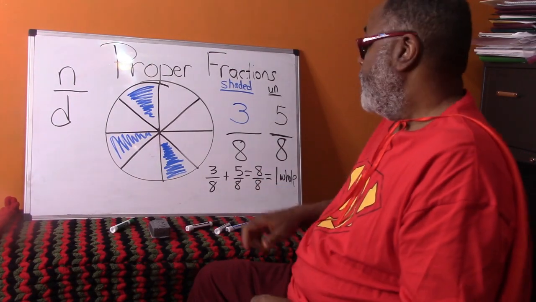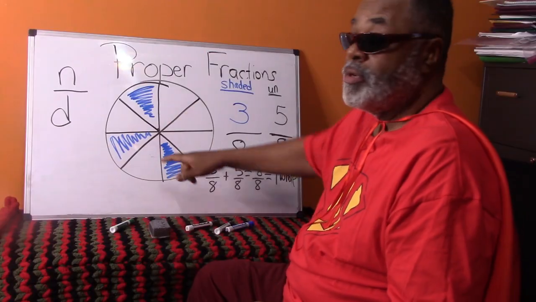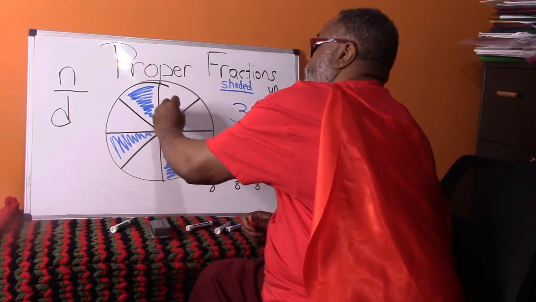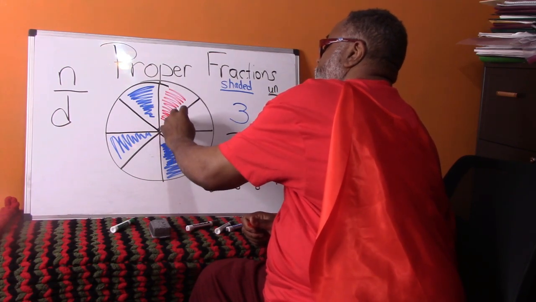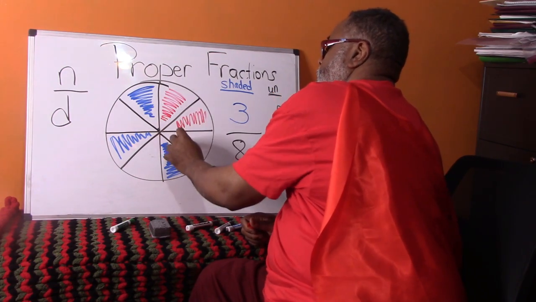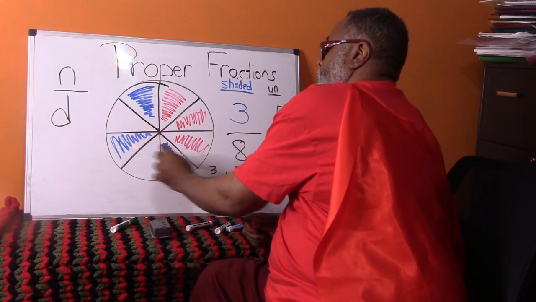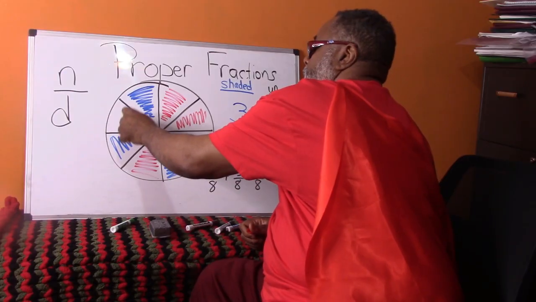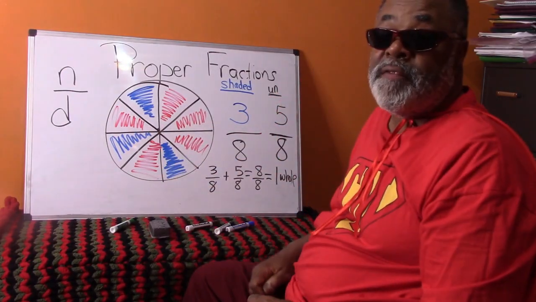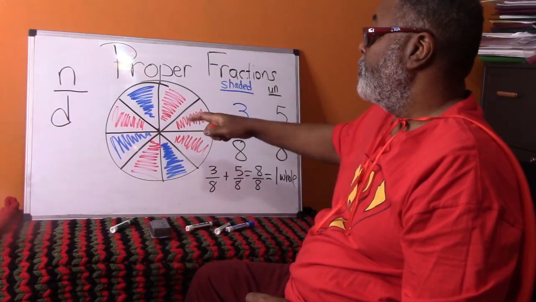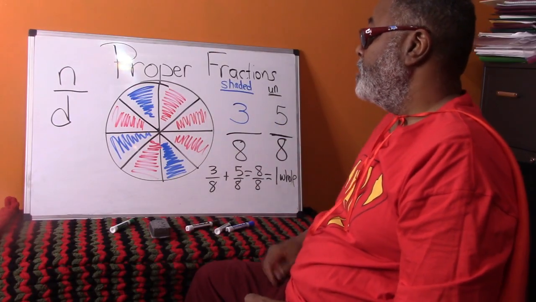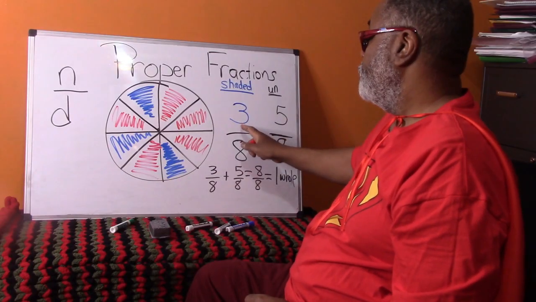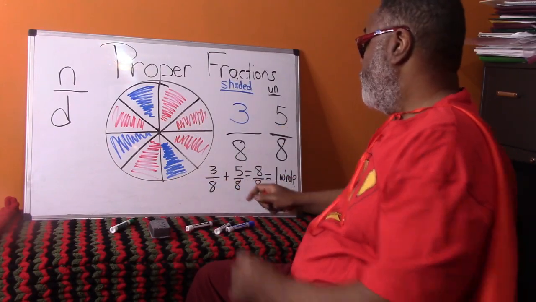Now I'm going to check another color. 3/8 we know is shaded blue, but if I shade the rest of them red, then 3/8 is shaded blue and 5/8 is shaded red.